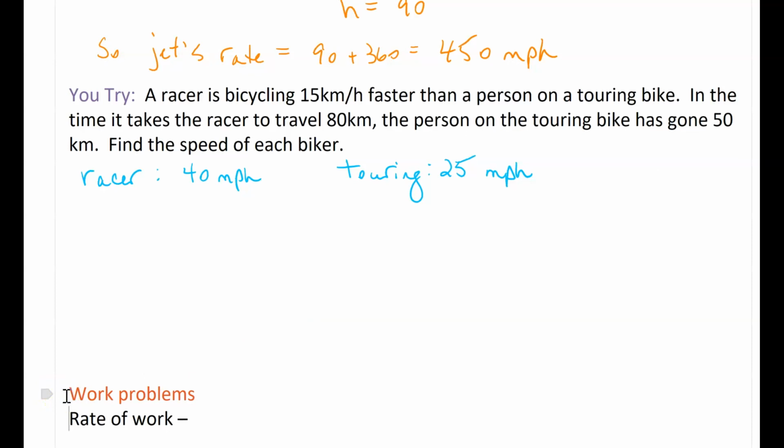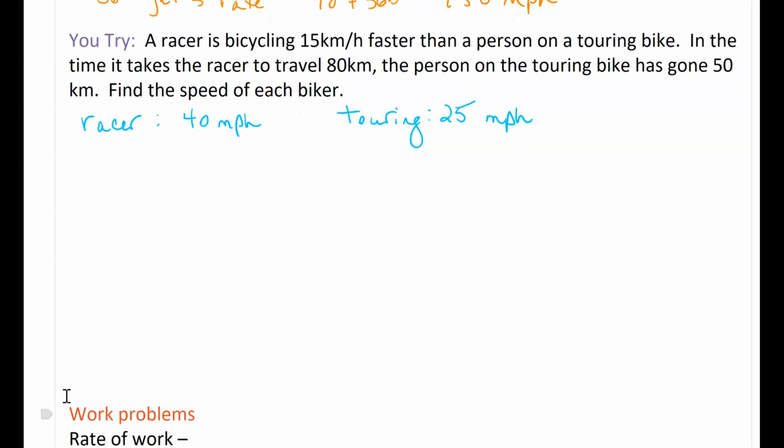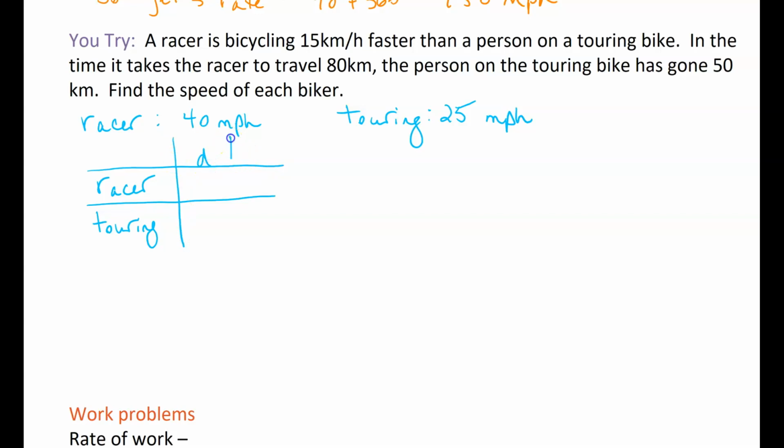Sure. Yes. Okay. So again, two situations here. We have a racing bike and we have a touring bike. Same thing. We have a distance, we have a rate, and we have a time. Okay, let's see.